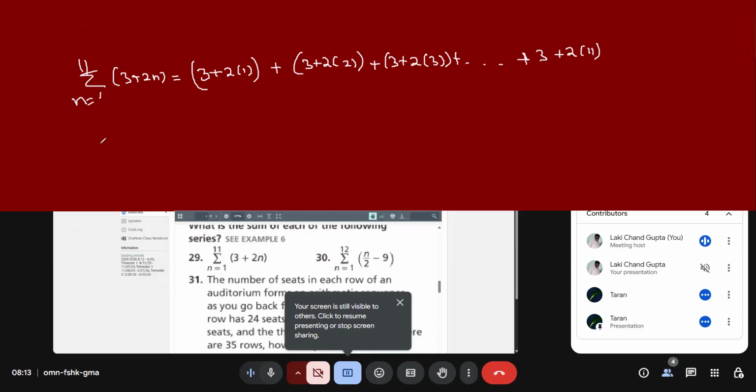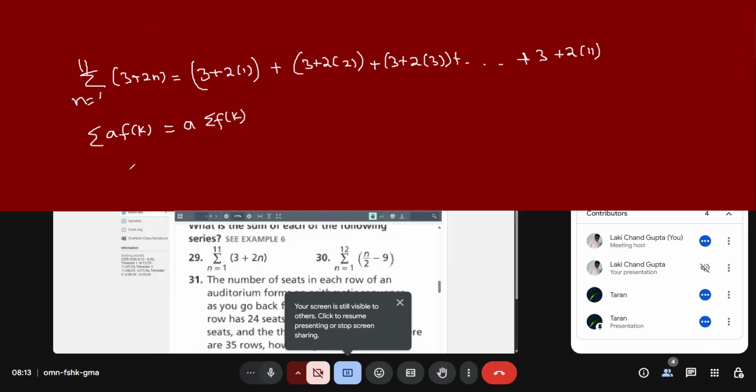So you can use one property. What is the property? Sigma a f(k) can always be written as a times sigma f(k).